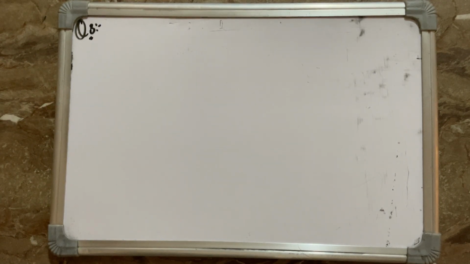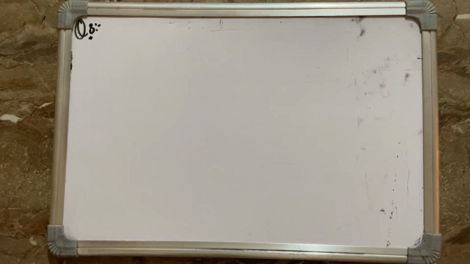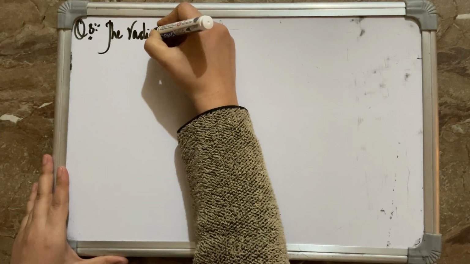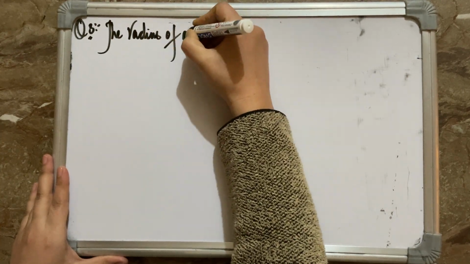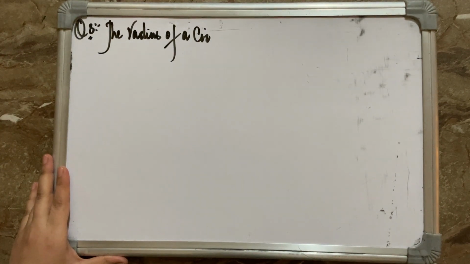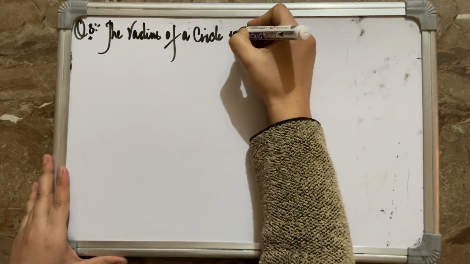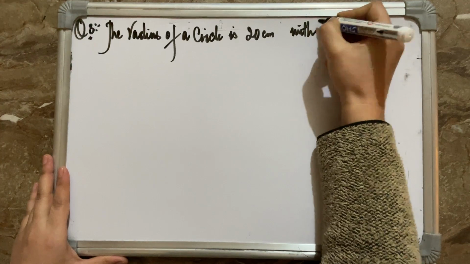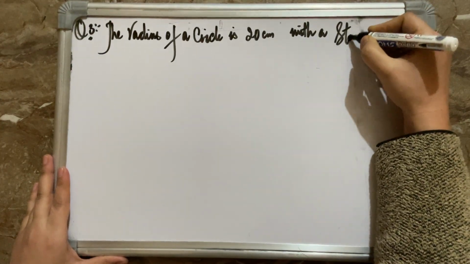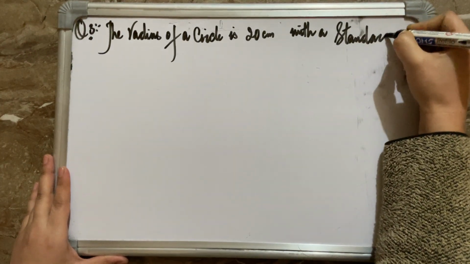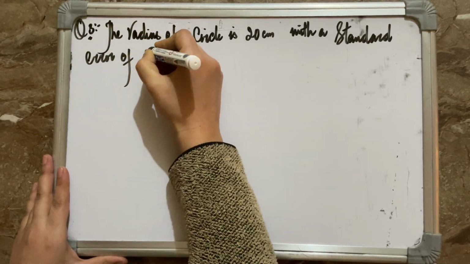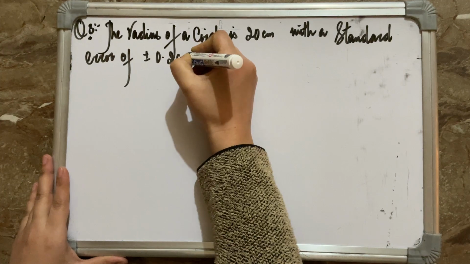Question number 3 is, the radius of a circle is 20 centimeters with a standard error of plus minus 0.2 centimeters.